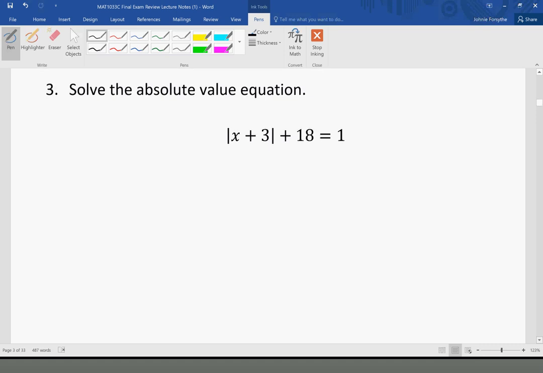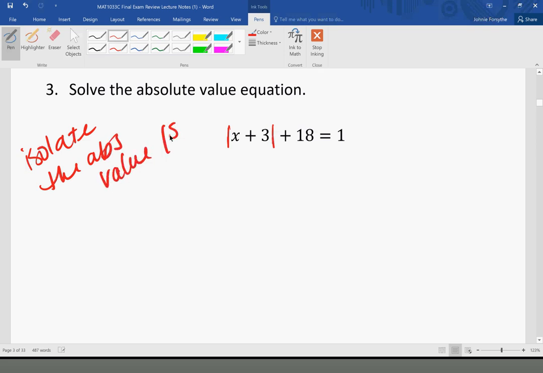Solve the absolute value equation. So when you solve an absolute value equation, your goal is to get the absolute value expression by itself first. So before we can start trying to solve for x, we want to get this by itself. So isolate the absolute value first. In order to do that, we're going to subtract this 18 on the other side of the equal sign.